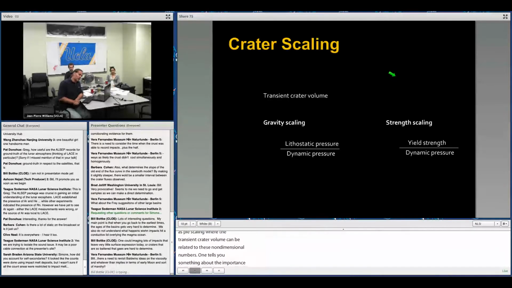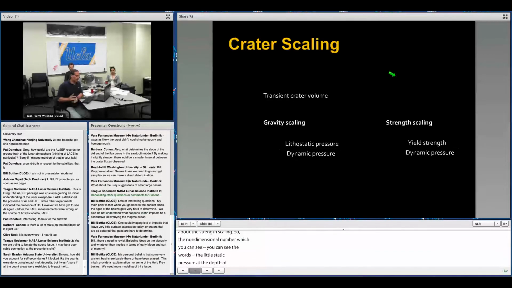The first is the lithostatic pressure at the depth of excavation ratioed with the dynamic pressure during impact. The strength scaling term is the characteristic yield strength of your target material ratioed with the dynamic pressure during impact. These are inversely related to your resulting crater volume.